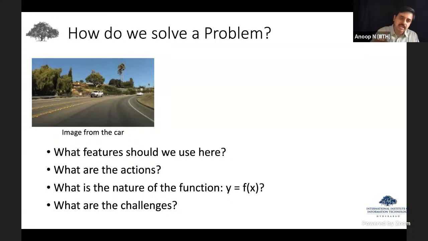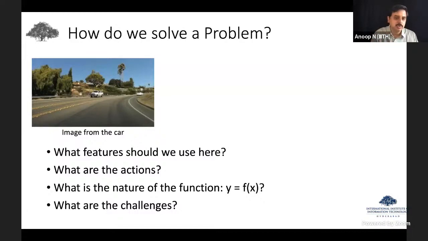Based on all that, you need to decide whether to speed up, slow down, turn, move to the left, move to the right. All those things you need to decide. And you need to be able to extract features that can tell you whether the road is straight or curved, whether there is a car in front of you or not. If there's a car, how far away it is. Are you to the left of the lane or right of the lane or in the middle of the lane?